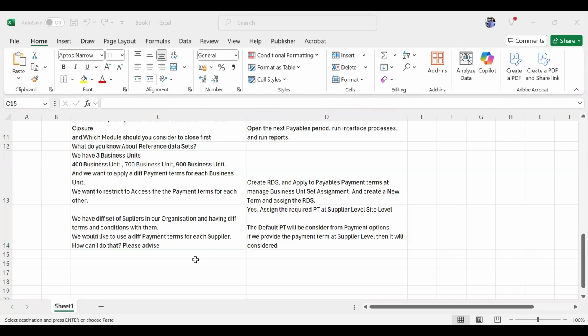And next question. Can anybody tell the default distributions at common options?